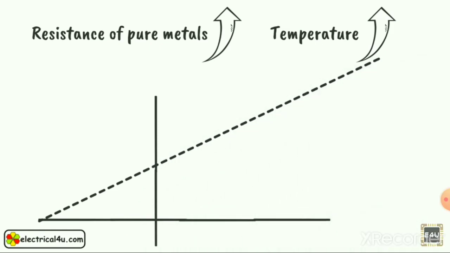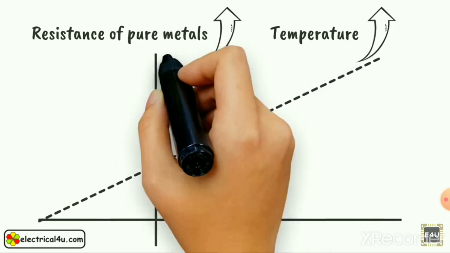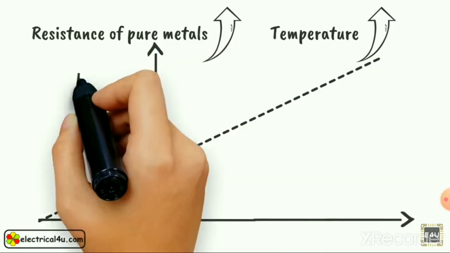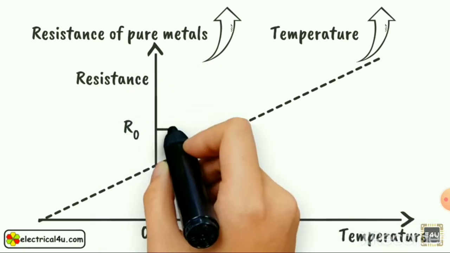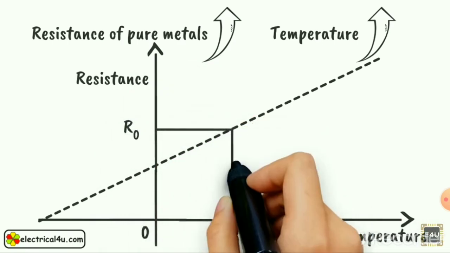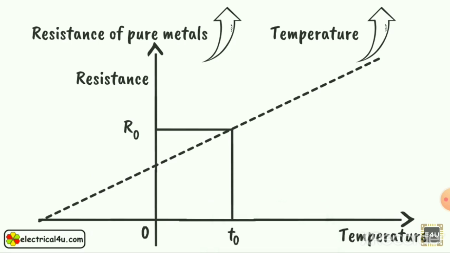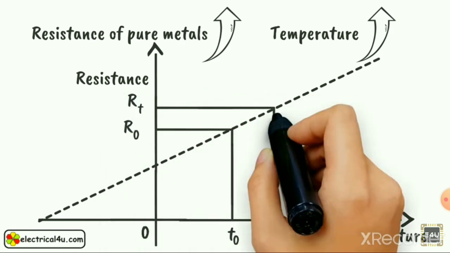The variation of resistance with change in temperature is shown here as a line. Let us measure the resistance of a metallic conductor, and also record the temperature at the time of measurement. Now, let us heat up the conductor for some time and measure the resistance and temperature again.